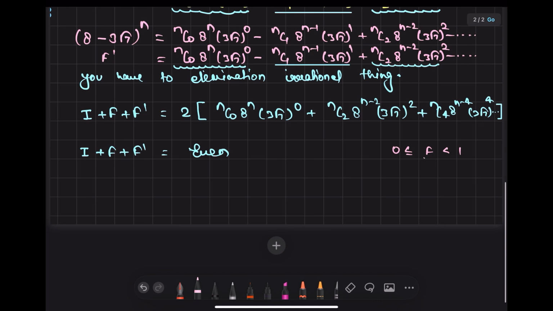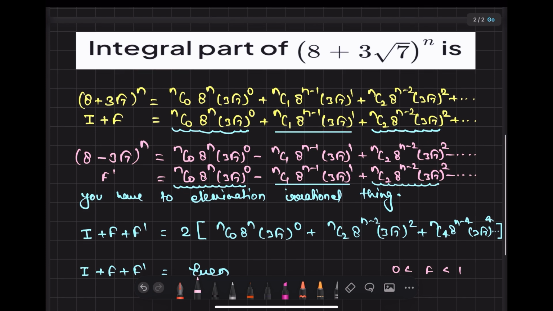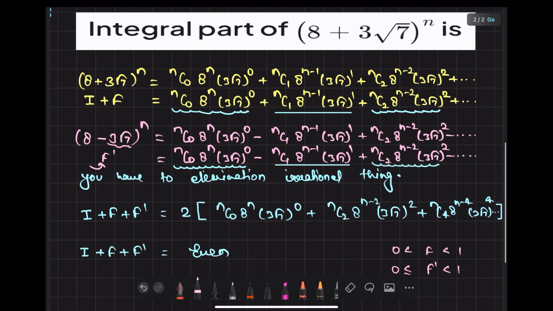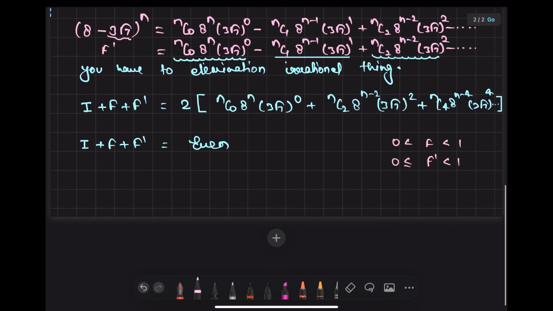Although the range of the fractional part starts from 0 to 1, this fraction is a non-zero number. Correct? Now look at this fraction. This fraction is also non-zero. You know that f dash ranges from 0 to 1, but this fractional part cannot be 0. It can be something for sure.